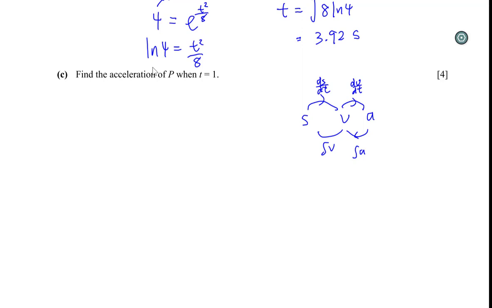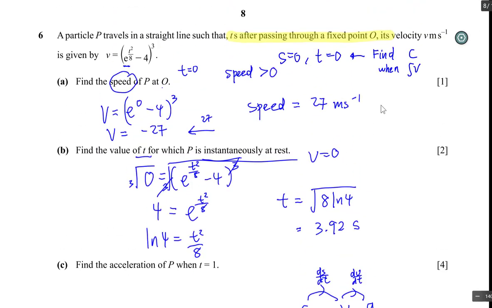So if I differentiate v here, I will say a equals dv/dt, which is differentiate this thing: 3 move to the front, copy whatever inside, minus 1, which is power 2, and then differentiate inside the bracket at the back. So I will get 2t e^(t squared over 8), and then whatever inside the bracket, just copy: e^(t squared over 8) minus 4.